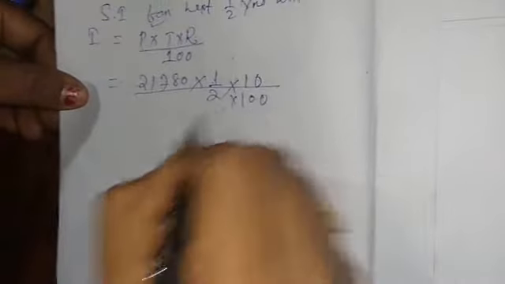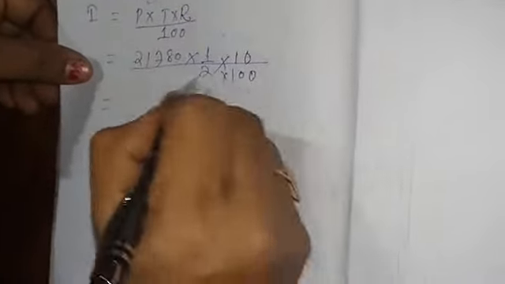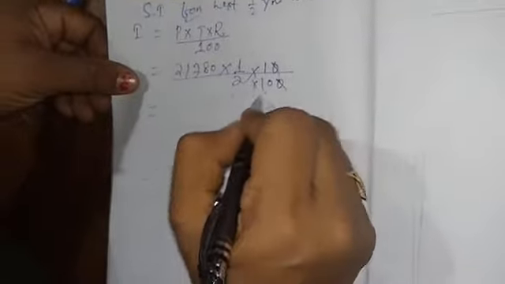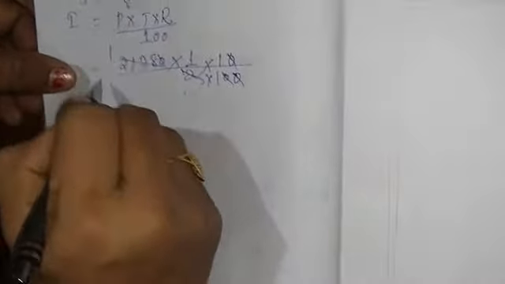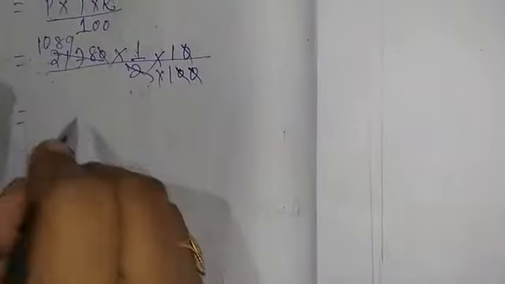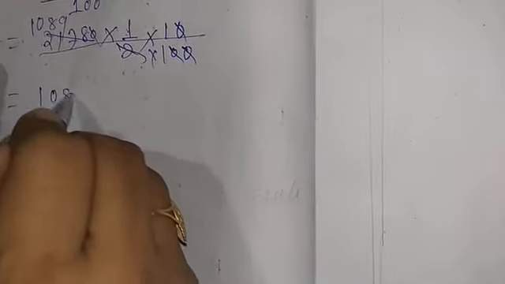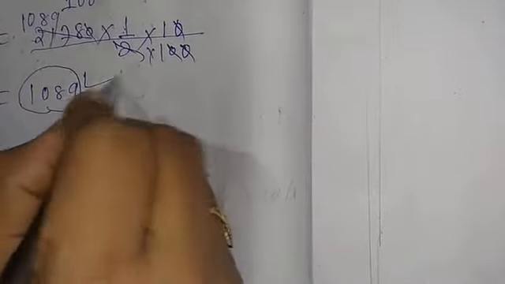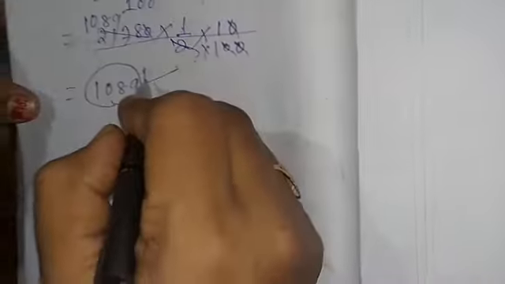Multiply with 100. Then next, 0 0 cancel, again 1 0 cancel. Again we divide with 2, 2 1s are 2, 2 8s are 16, 2 9s are 18. So 1089. This 1089 is the half year simple interest.